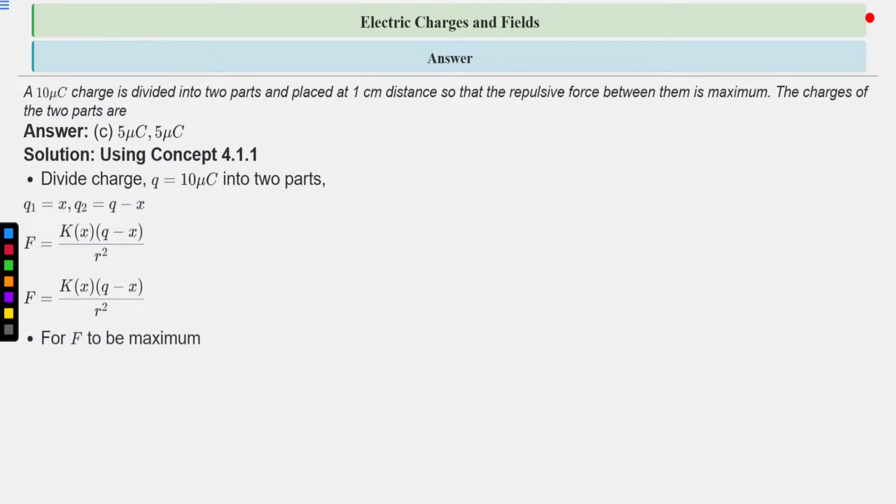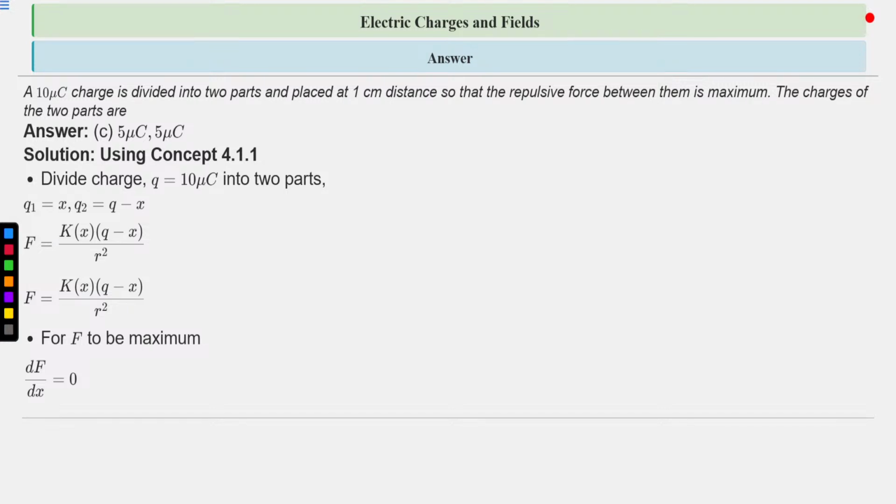So for F to be maximum, what is the condition? If we want the condition for F to be maximum, the derivative of F with respect to the charge X, that is dF by dX, should be 0.